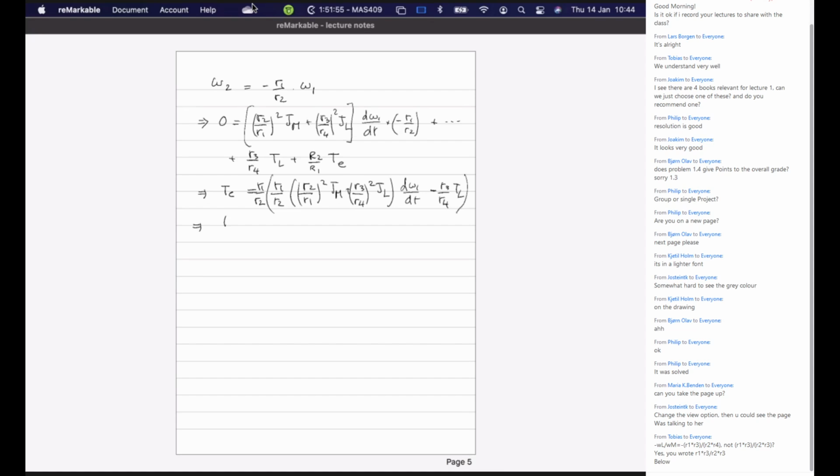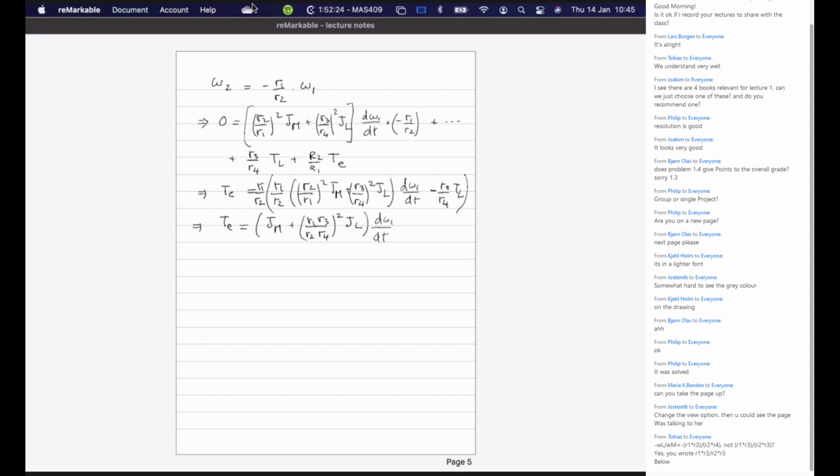So then I get TE equal to, this disappears, it's GM plus R1 R3 divided by R2 R4 squared GL d omega 1 dt.